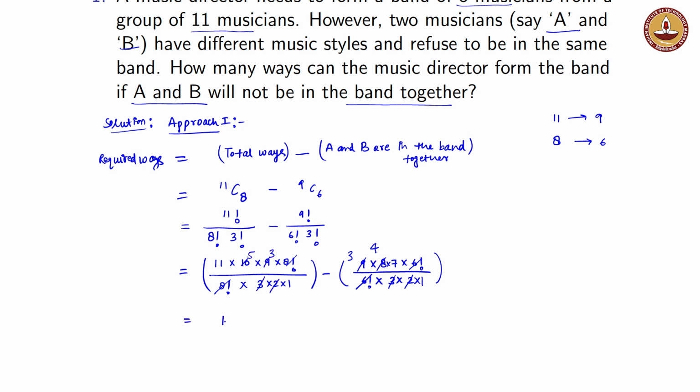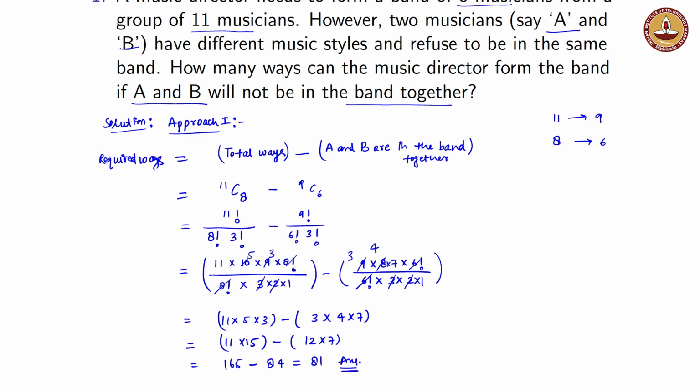Now we get 11 into 5 into 3 minus 3 into 4 into 7. So it will be 11 into 15 minus 12 into 7. 11 into 15 is 165, and 12 into 7 is 84, which gives 81. That is the answer for this.